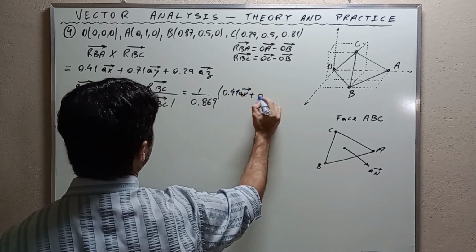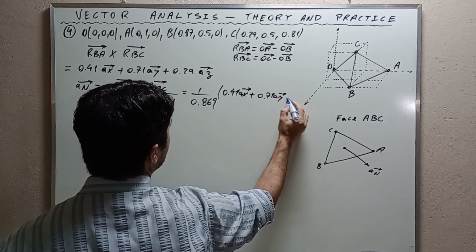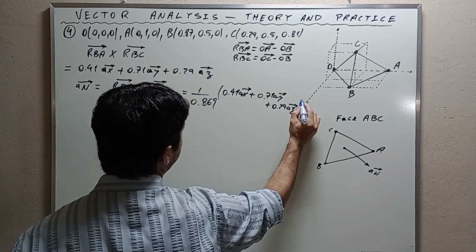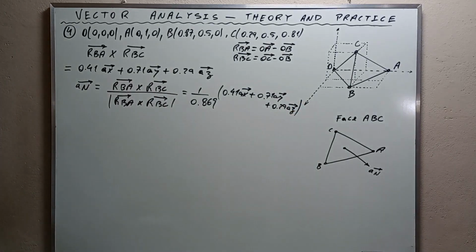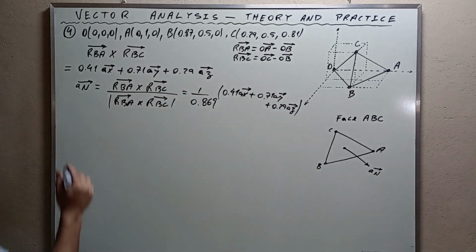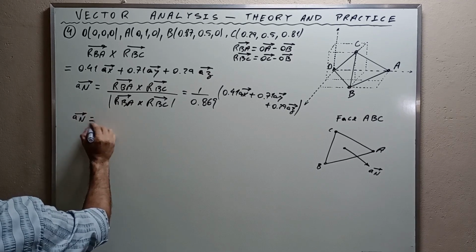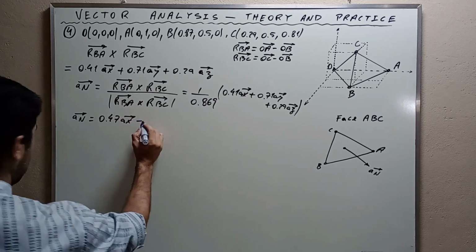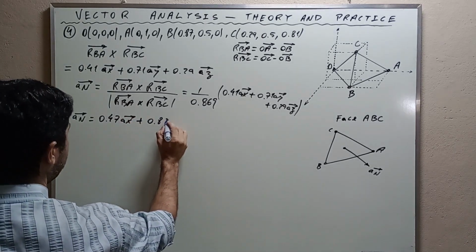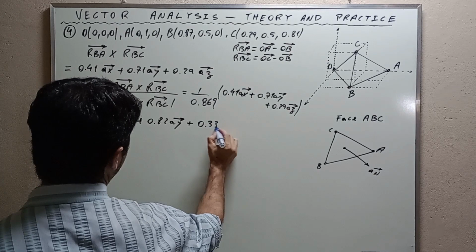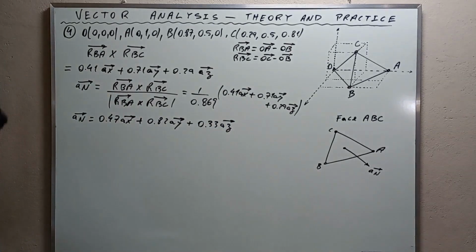and the vector is, as aforementioned, 0.41 ax plus 0.71 ay plus 0.29 az. And if we multiply 1 over the magnitude with the vector, we find that AN is equal to 0.47 ax plus 0.82 ay plus 0.33 az.